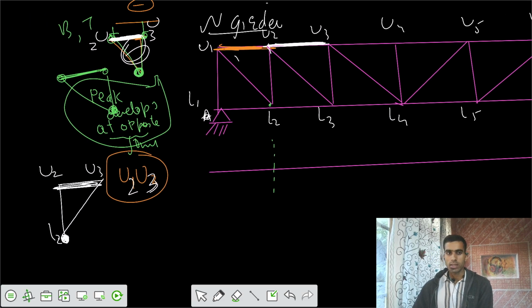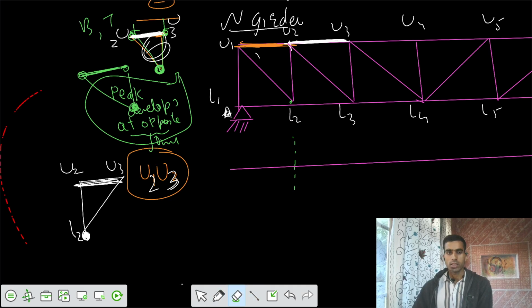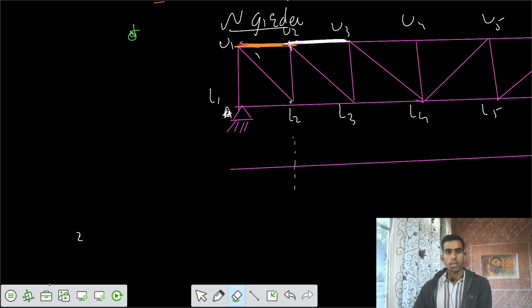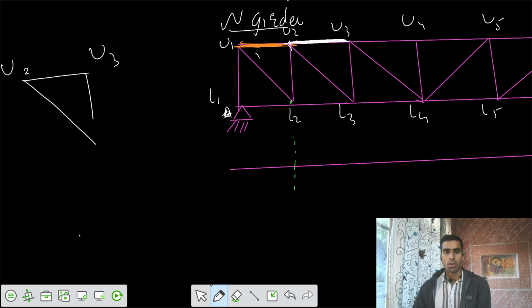So let's take the second triangle. This is your U2, U3, and you check the triangle it has. We have this triangle. That means the peak would develop at the opposite joint.